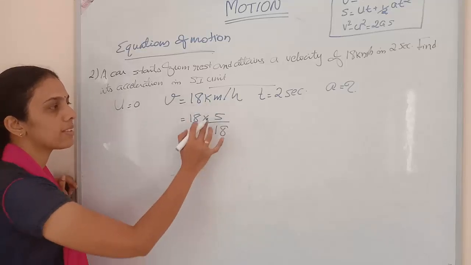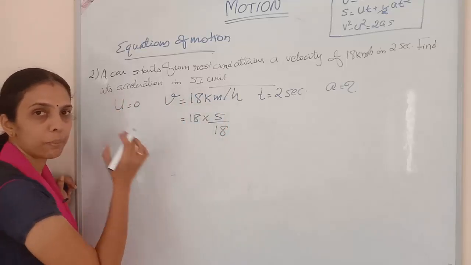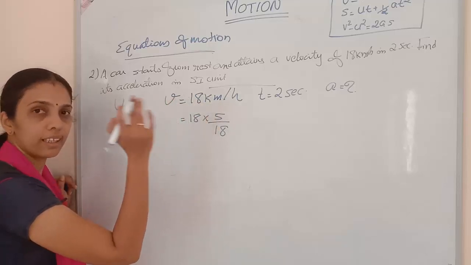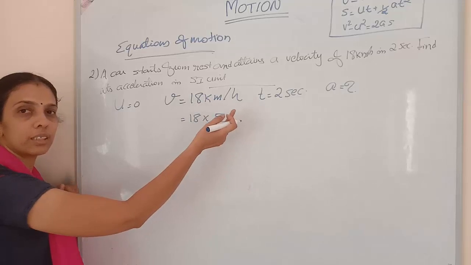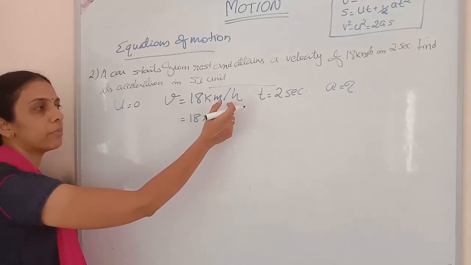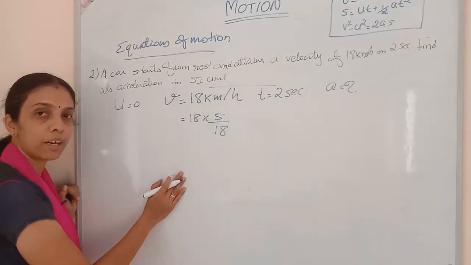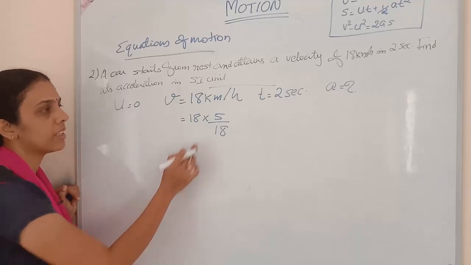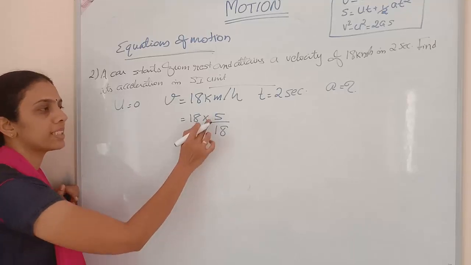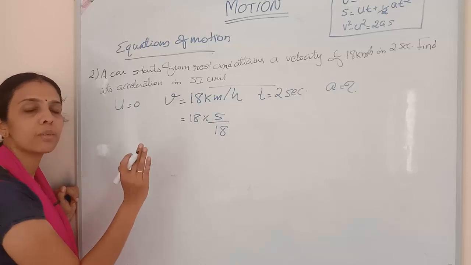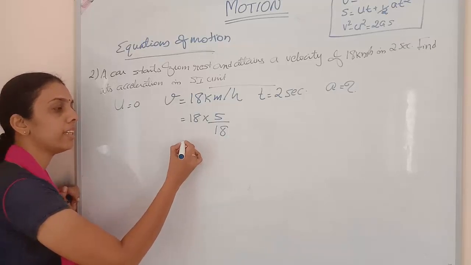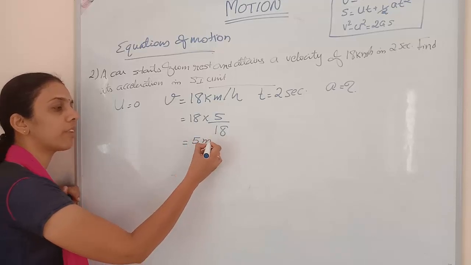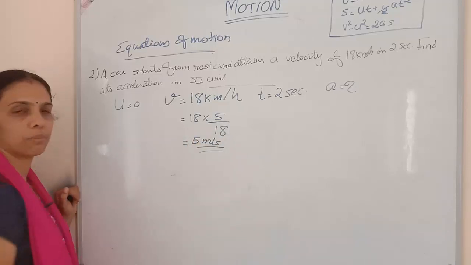How this comes, I already explained in the previous video, which is in the playlist. Kilometer to meter conversion is multiplying by 1000, divided by hour to second conversion multiplying by 3600. While solving that we will get 5 by 18. So always remember, to convert kilometer per hour to meter per second, we should multiply it with 5 by 18. So 5 meter per second.